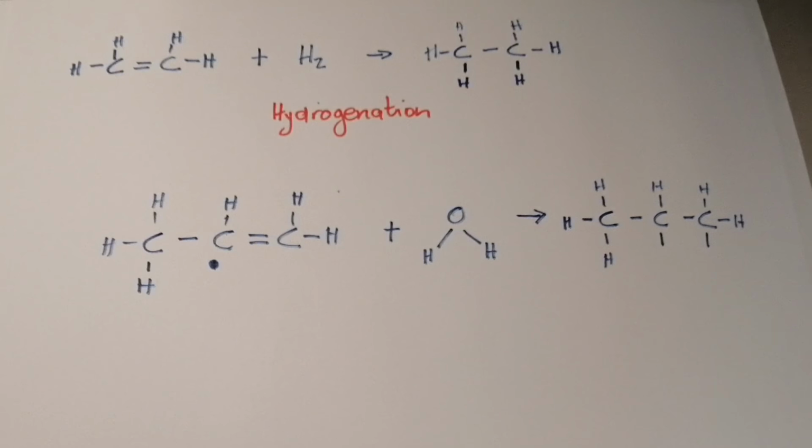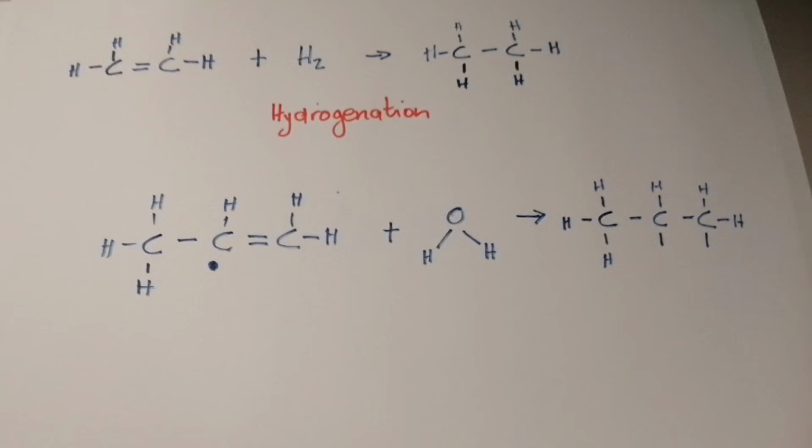So now this is where we apply what we call Markovnikov's rule. What Markovnikov's rule simply says is that in an unsaturated hydrocarbon, if there's a reaction between hydrogen and something else, so it could be hydrogen and a halogen, the hydrogen will tend to go to the carbon that has the most number of hydrogens.